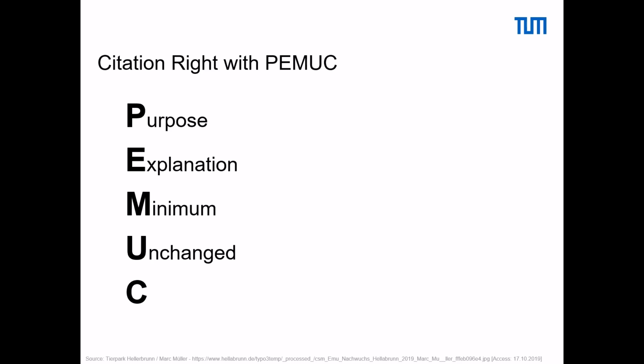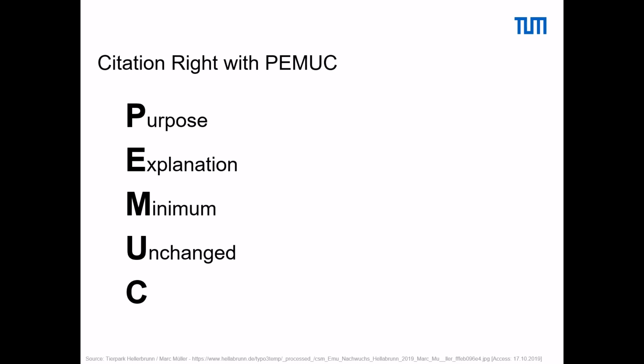Then we are not allowed to change it. But if we cite indirectly, if we paraphrase, then we can use any work we want as long as it has been published. So in this case, if we paraphrase, we don't need this citation right in order to get permission to cite it.